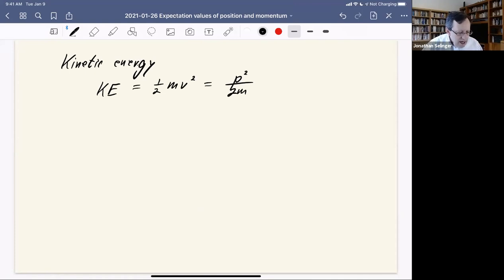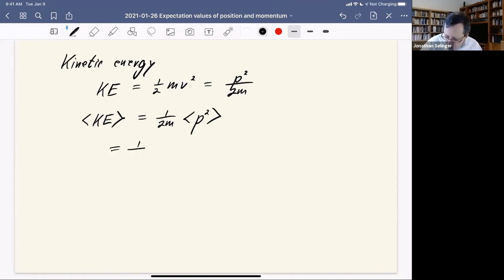Now if we want to do the same thing in quantum mechanics, the average kinetic energy would be 1 over 2m times the average of p squared.